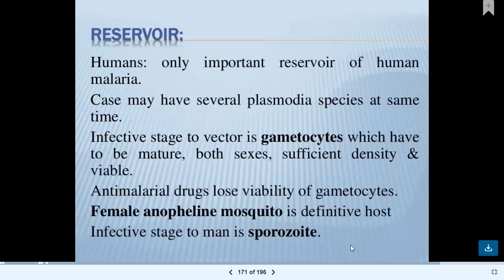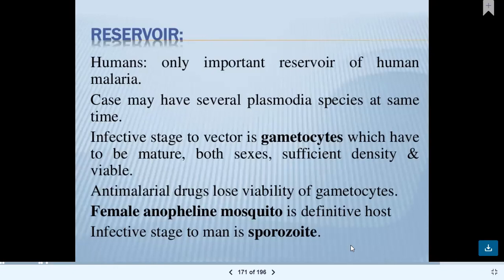Okay, now about the reservoir: humans. The only important reservoir of malaria is humans. A case may have several Plasmodium species at the same time. The infective stage to the vector is gametocytes, which have to be mature, of both sexes, of sufficient density and viable.